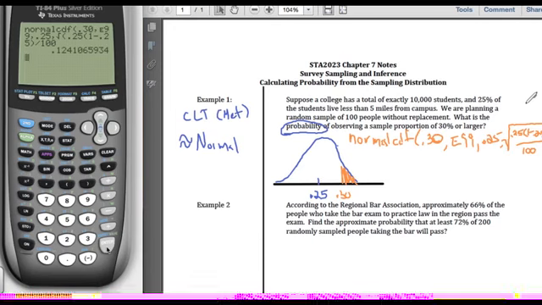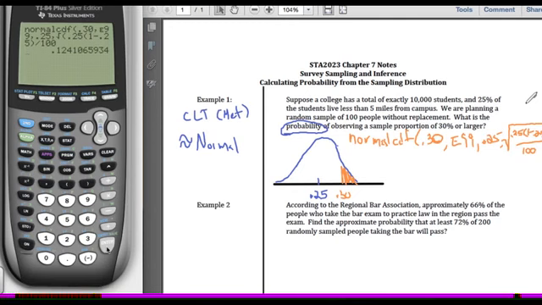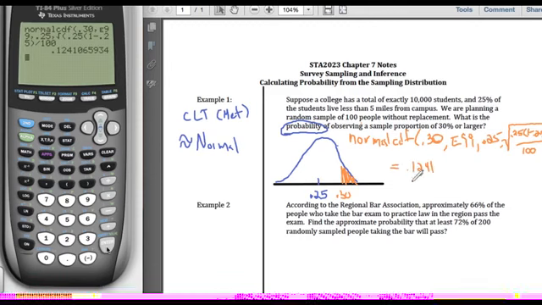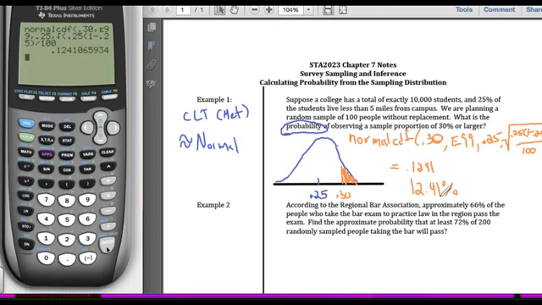And so that gives me 0.1241. Think about it as 12.41%. So I would expect about 12 or 13% of my samples to be at 30% or above.